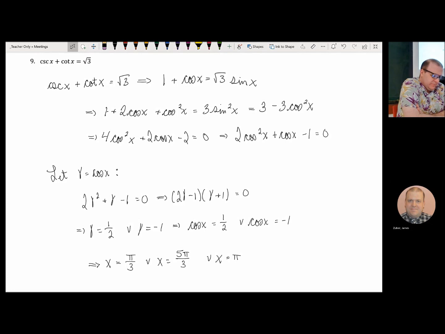Oh, is the cosecant not defined there? Now there's cotangent. So we can immediately now rule out pi. What about 5 pi over 3?